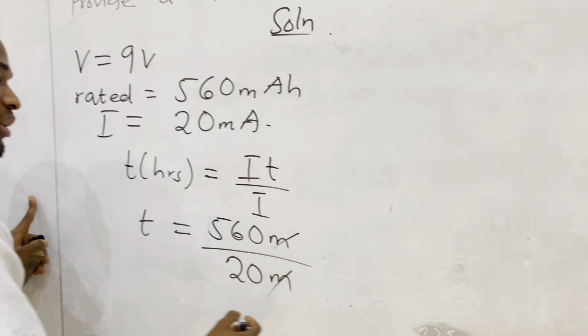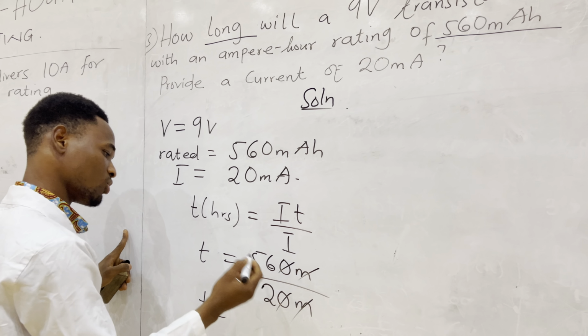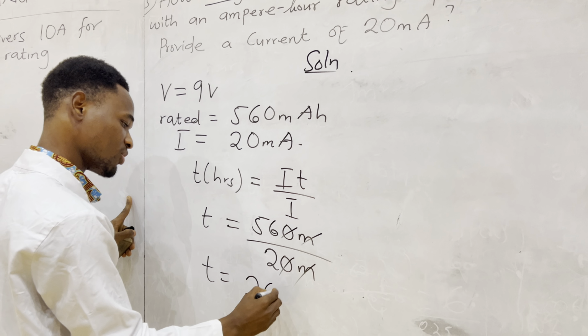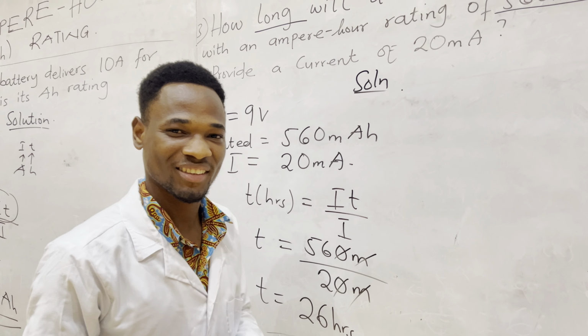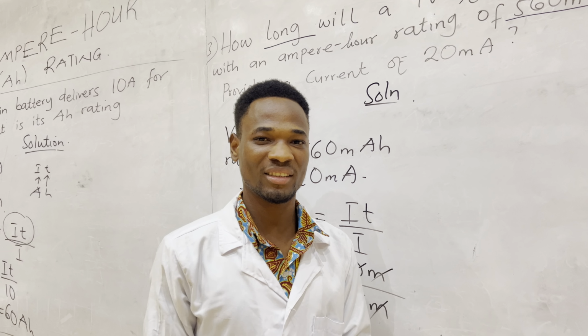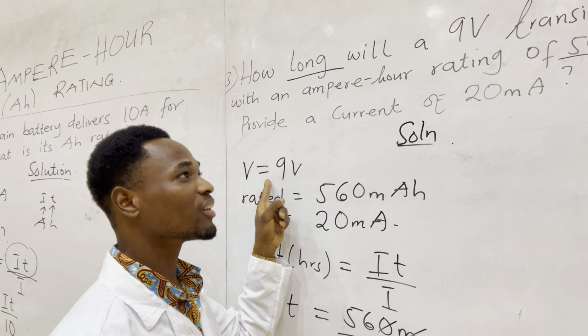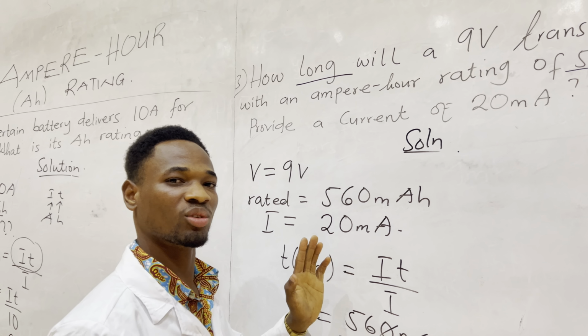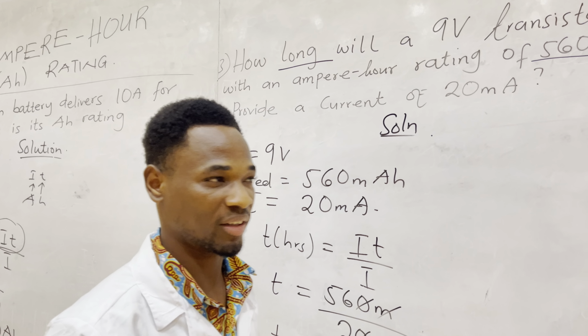So milli cancels milli, and we have T equal to 28 hours. Viewers, see how simple it is. Don't be deceived by the voltage, the 9 volts. So far as you understand the concept, you just move straight away.